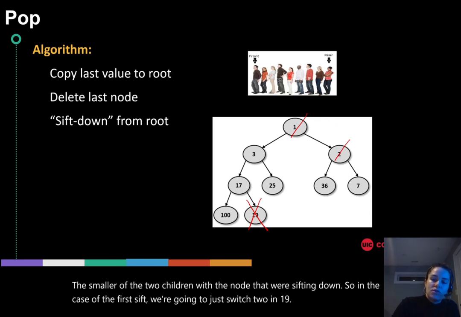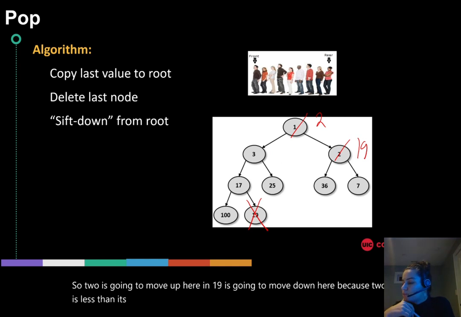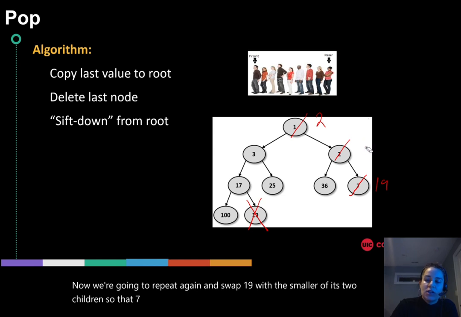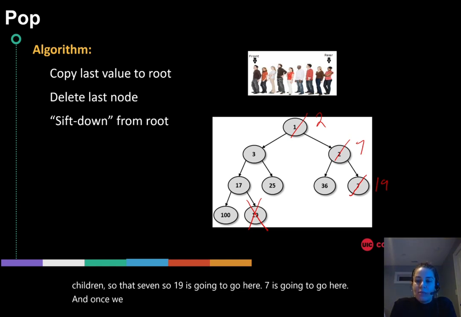So 2 is going to move up here and 19 is going to move down here because 2 is less than its other child, 3. Now we're going to repeat again and swap 19 with the smaller of its two children, so that's 7. So 19 is going to go here, 7 is going to go here. And once we reach a leaf node, we know we can stop, and we now have another valid MinHeap.